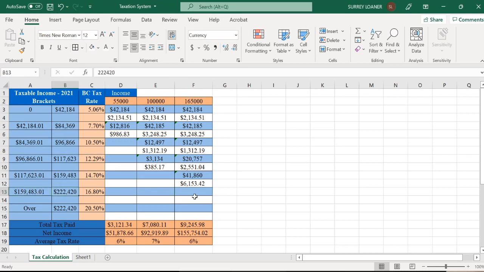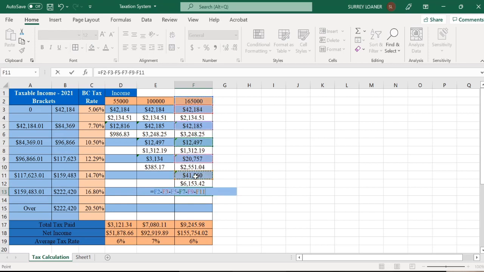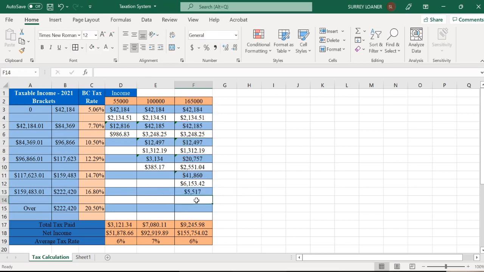So in this case, the remaining amount we will calculate is equal to this minus 1, 2, 3, 4, and 5, and enter. This much amount that we have, 5,517, is equal to this into 16.80 and enter. And after then we see that this is the tax that we have calculated, 9250.